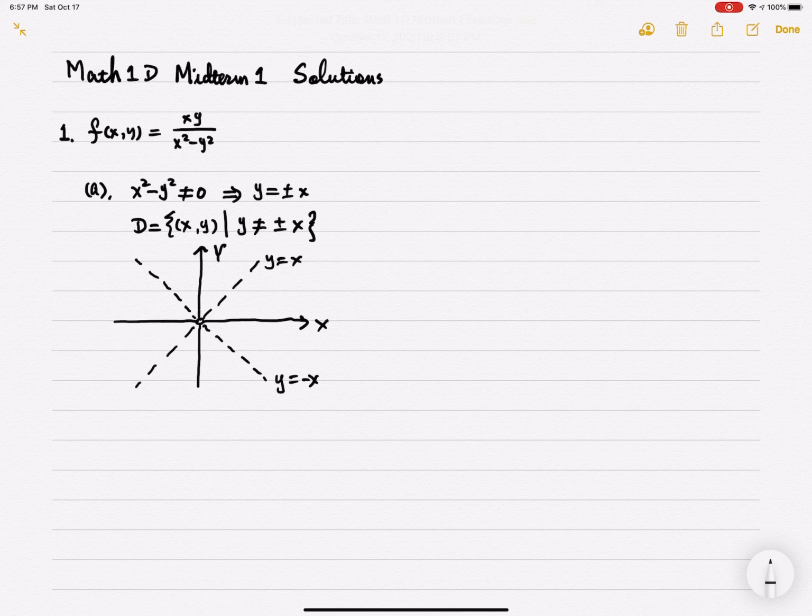So we say y cannot equal positive x or negative x, and everything else is fine. So we shade the region. Of course, we put it like this.